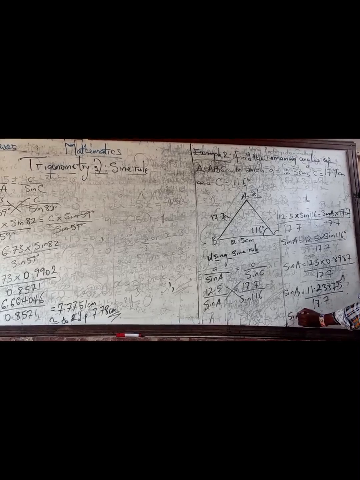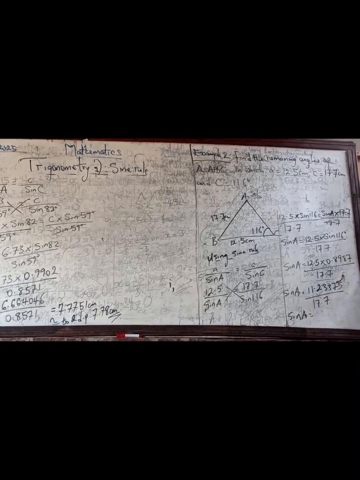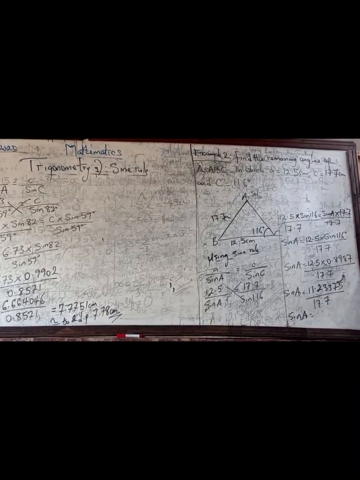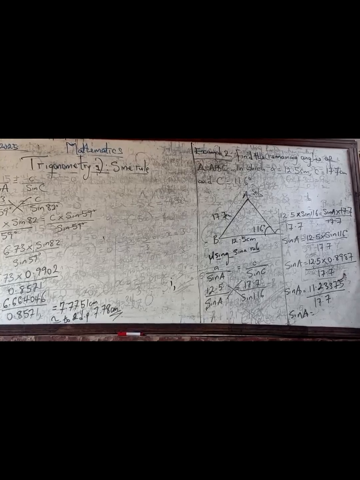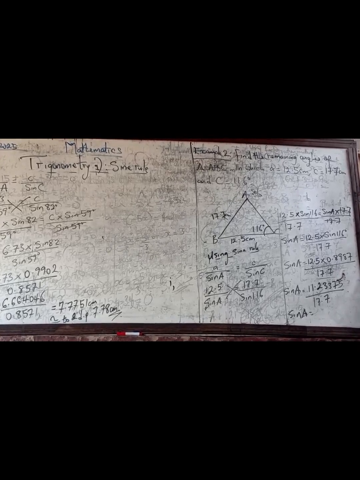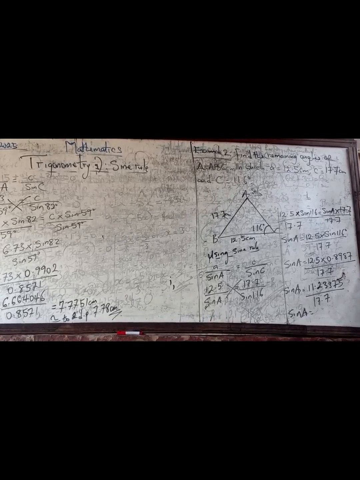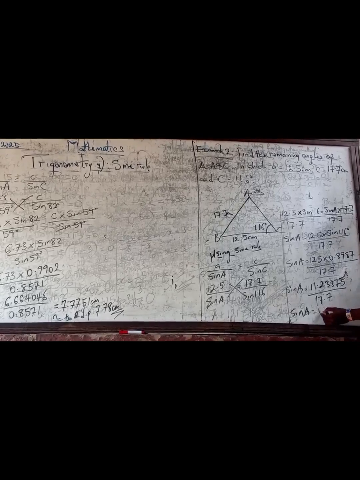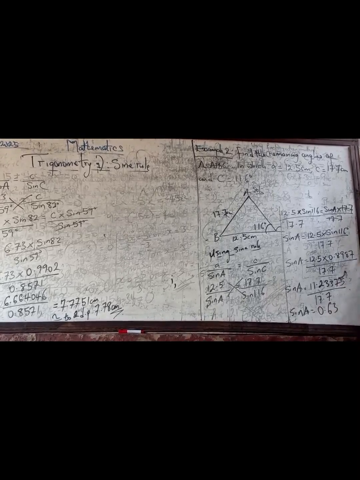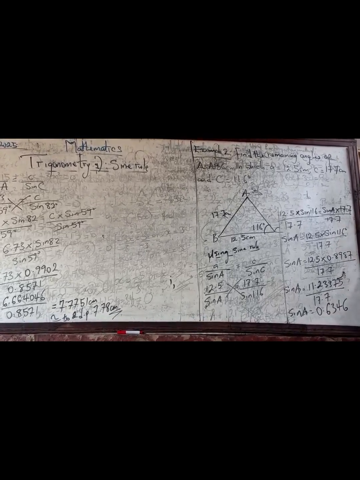If we punch this on our calculator, 11.23375 divided by 17.7 gives us 0.6346.